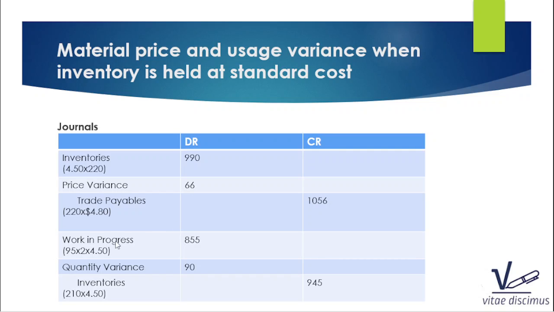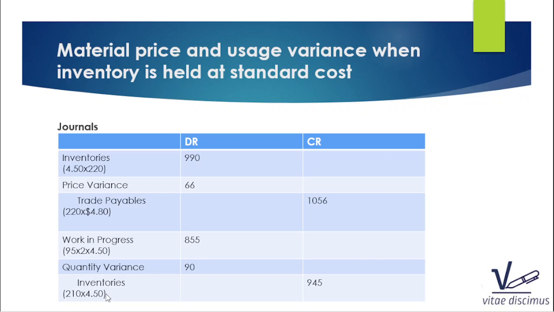Then, when we issue to production, we only have a quantity variance, because work in progress is always issued at standard cost, and we always use what we have actually produced in terms of units. We are producing 95 units and we expect each unit to absorb 2 kilograms of material at a standard cost of $4.50, so we will be allocating a cost of 855 to production.